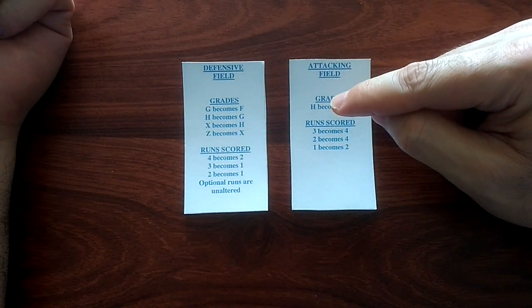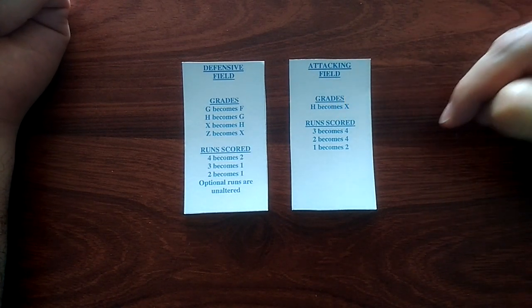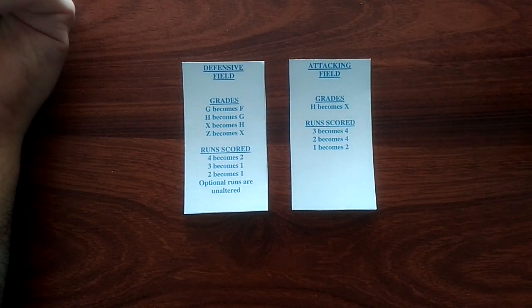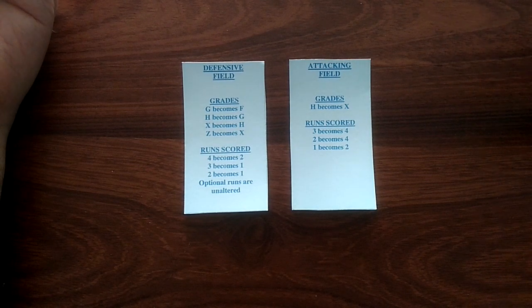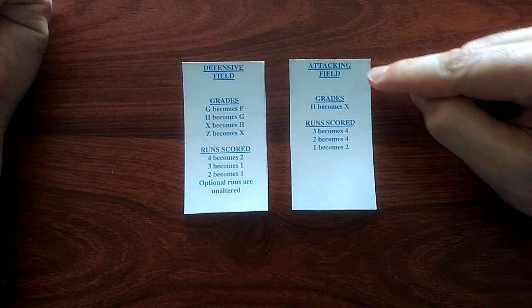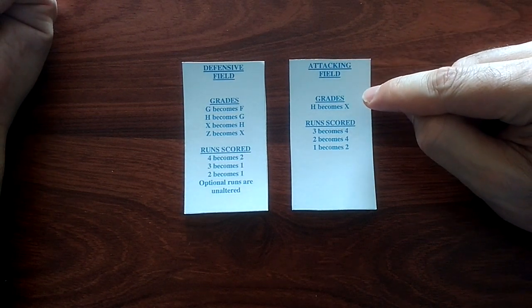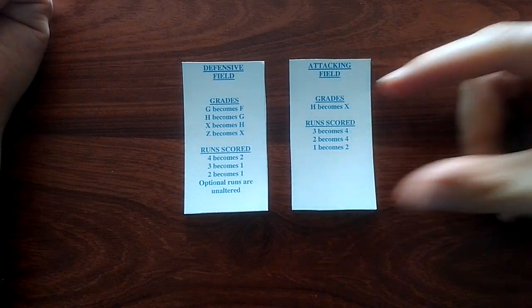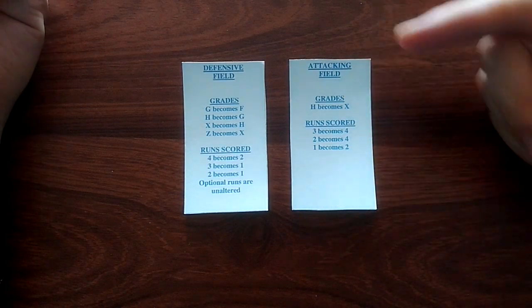Now an H goes down 1 grade to an X if the field is called for under an attacking field. And if you've played a little bit, you'll know that an X can bring up more chances for dismissal. So you're going to get more dismissals, yes, but you're going to give away more runs. It's a balancing act, how you want to approach that as the fielding captain.